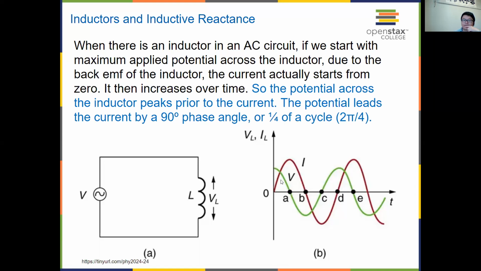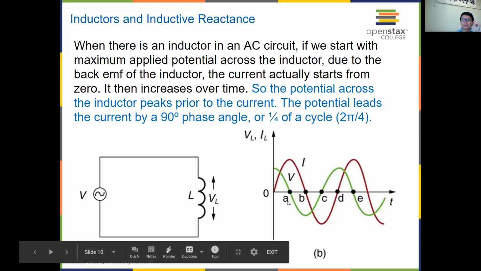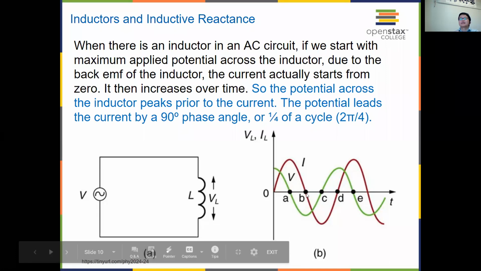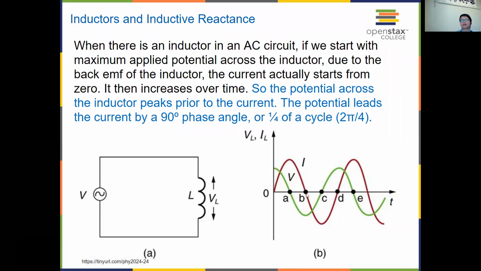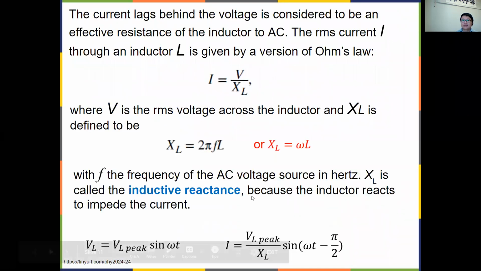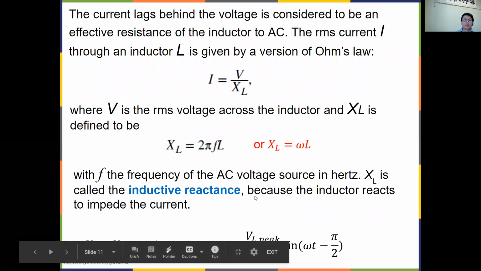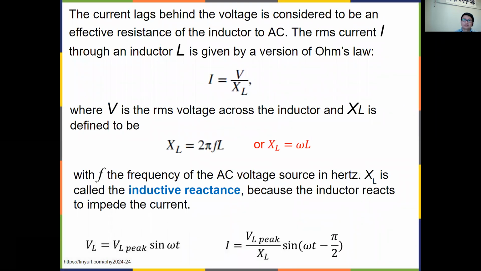Similarly, the voltage will reach 0 first, and then 90° later on the x-axis, or pi over 2 later, the current will reach 0. So in this case, your current lags the voltage by 90° or pi over 2. That is the response to the applied voltage.